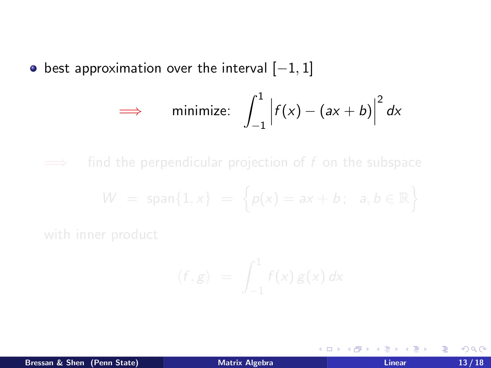Next, let's look at the best approximation over the interval from -1 to 1. It's very similar, except that when we minimize, the minimization will be over the integral from -1 to 1 over that whole interval.